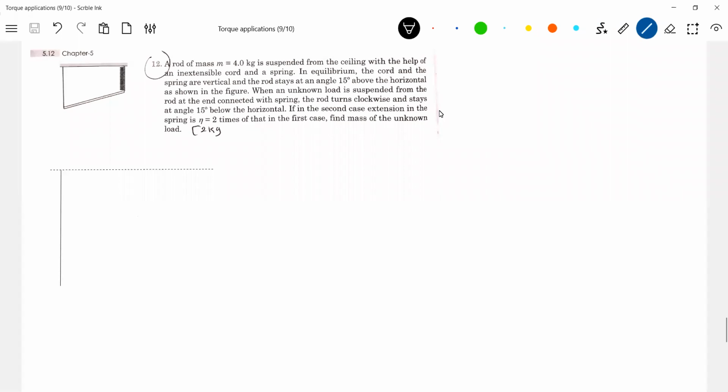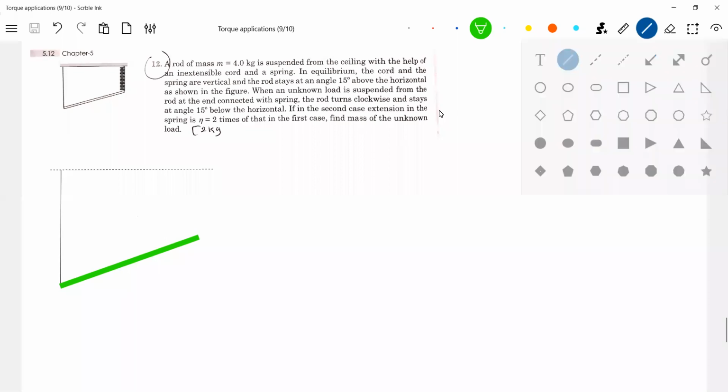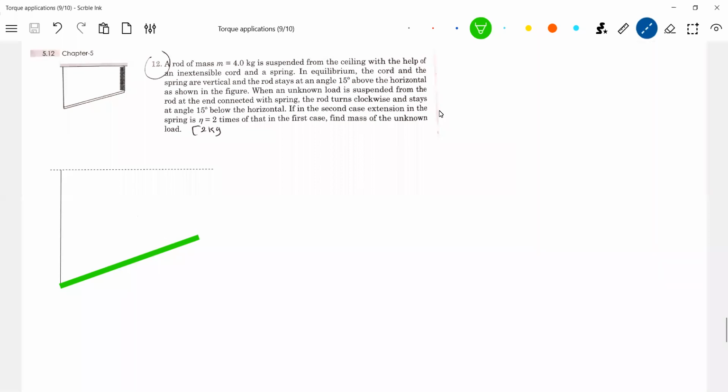There's a string, there's a rod. I'll finish off the diagram. Meanwhile, you read the question. Two cases are there.